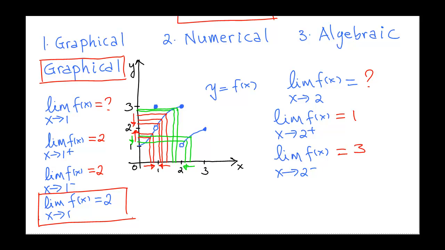So therefore we conclude that since the left and the right values of the limits are not equal, the limit of f of x as x approaches 2 does not exist.